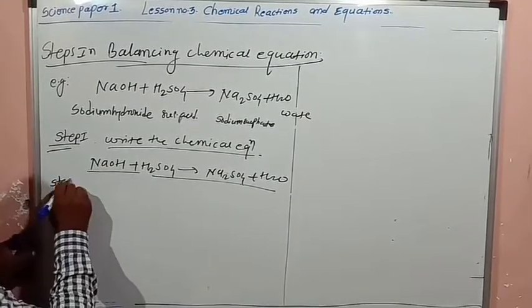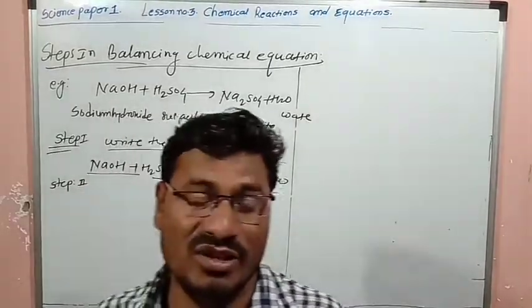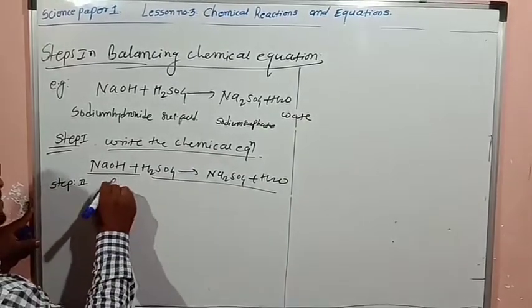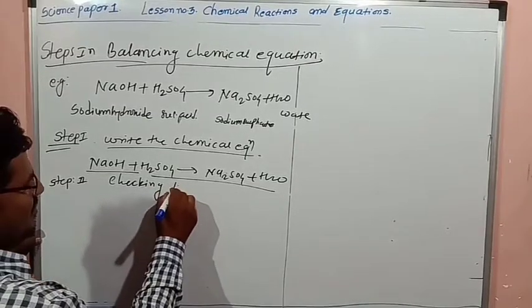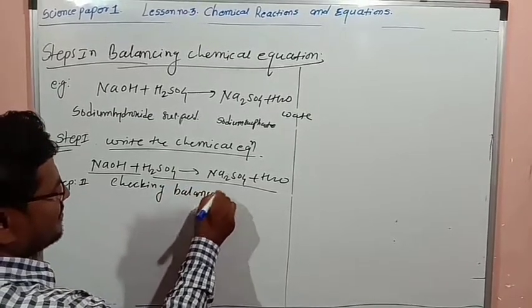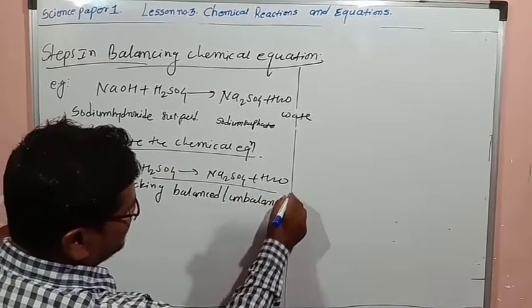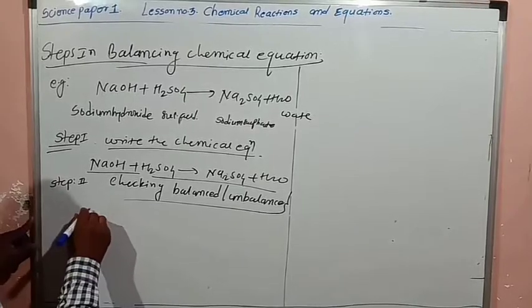Second step: you have to decide whether this chemical equation is balanced or unbalanced, so checking balanced or unbalanced. For that you have to make one table.